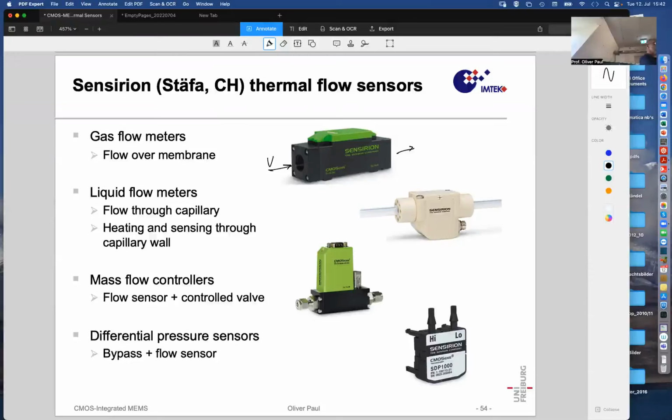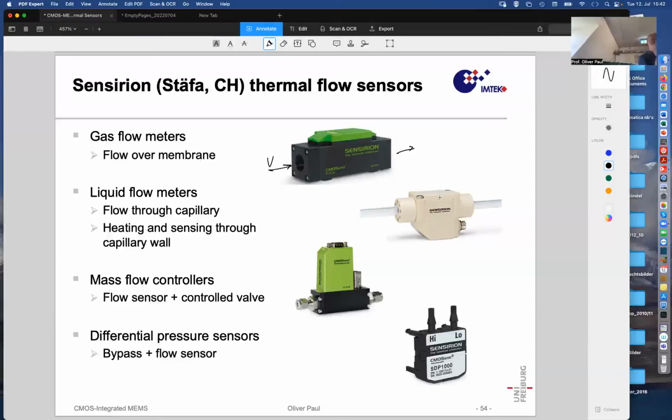And when the flow flows through the steel tube, not in contact with the sensor, but only with steel, then heat is also transported. And this is how medical grade devices are made, because you cannot let a patient breathe something that crosses over a technical surface like a microsensor.